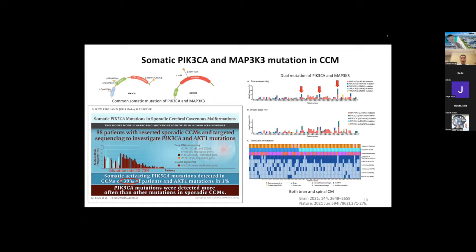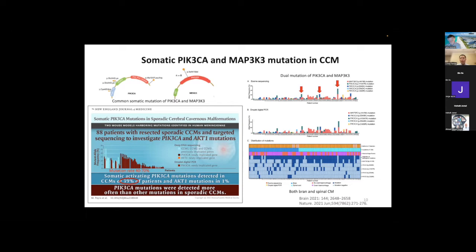The most common mutations were the PIK3CA and MAP3K3 mutations. The PIK3CA mutation was reported to be found in 40% of CCM cases. These are all sporadic, what used to be thought of as sporadic CCMs. And this is a paper from the New England Journal, and this ratio was reported to be higher, around 70%, and another case published in Nature.